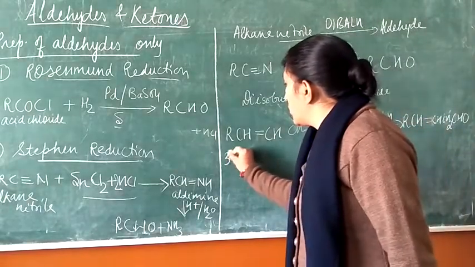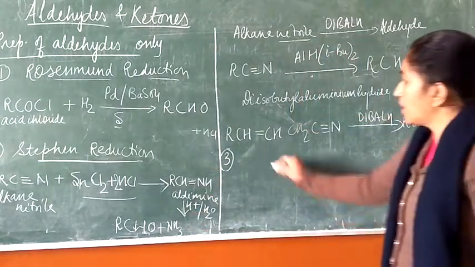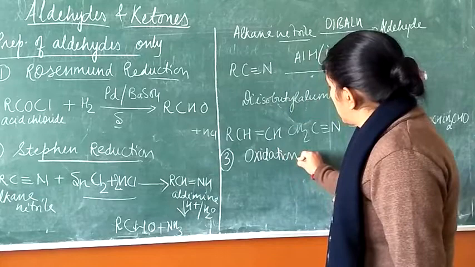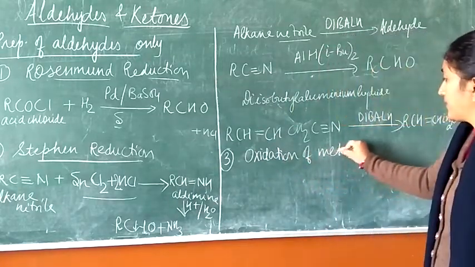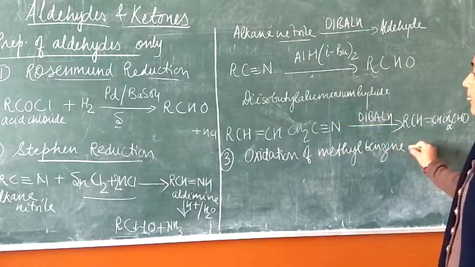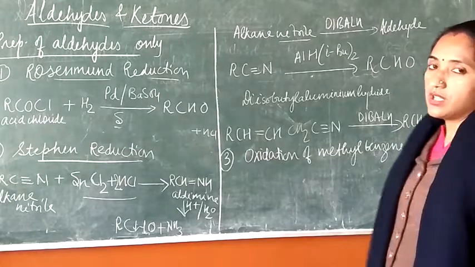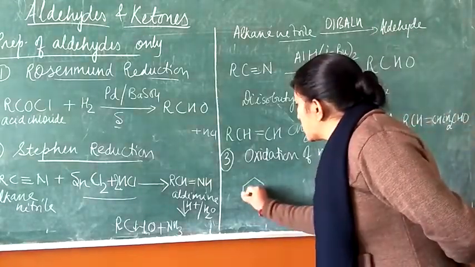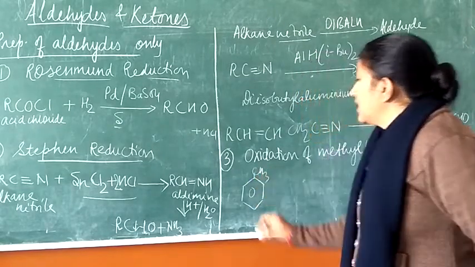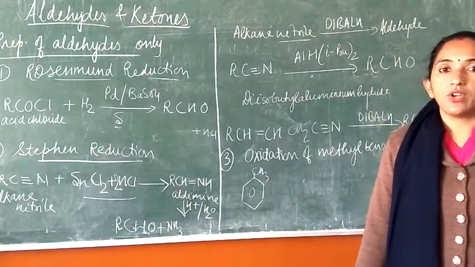Now students, the third preparation of aldehyde is from the oxidation of methyl benzene. The next preparation is from methyl benzene, and that too by oxidation. If we use a normal oxidizing agent, the methyl benzene or toluene will get converted into benzoic acid.